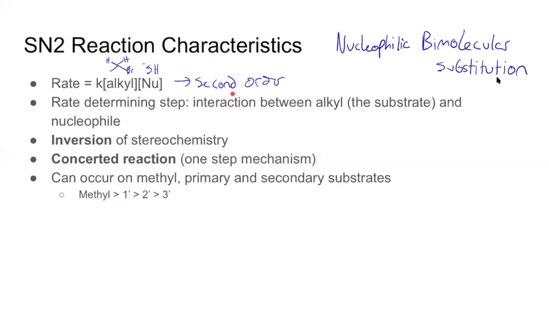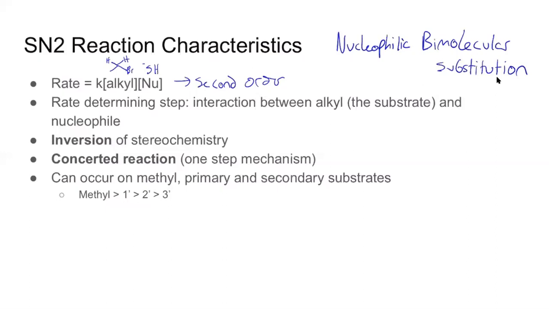And it's second order, so two molecules where their concentrations control the rate. The rate determining step, as I indicated earlier, is the interaction between the alkyl and the nucleophile. So the speed at which that backside attack occurs is directly related to how fast the reaction is going to take place.